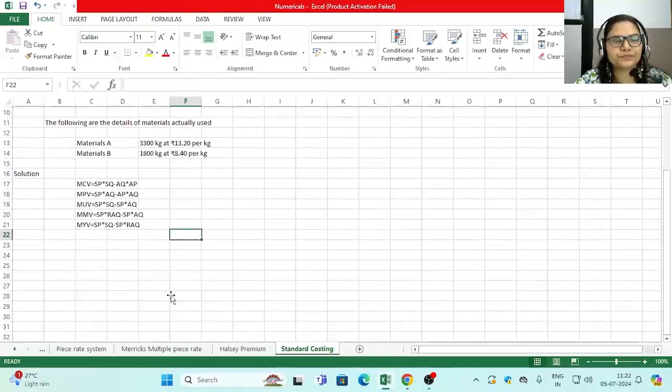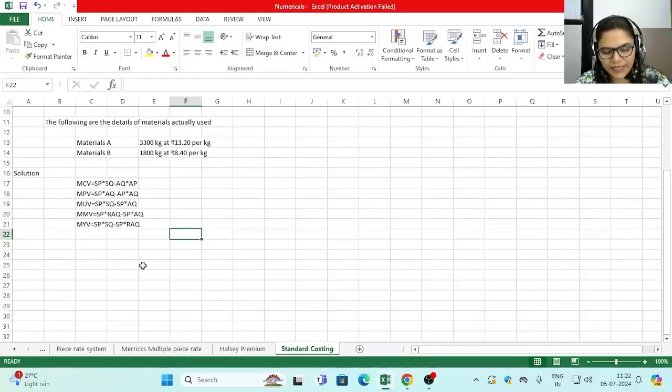Now, to make the calculation easier, first of all, we will see what values we can calculate in an easy manner.